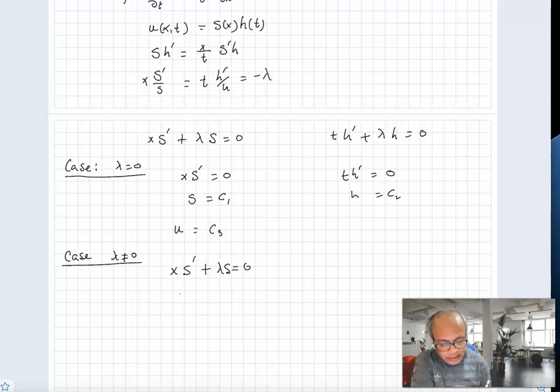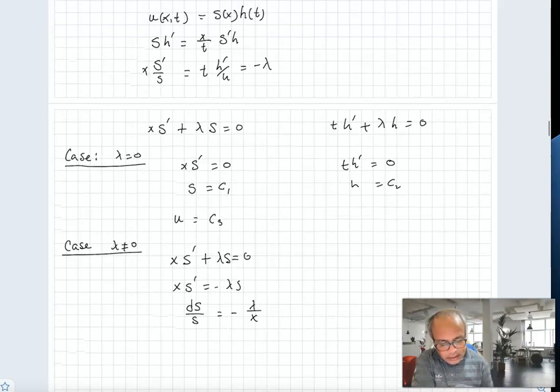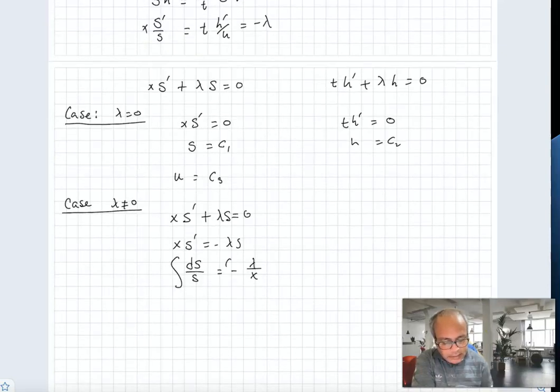So we can separate that, or maybe you can write ds by s equals minus lambda by x, and then we can integrate both sides. If we integrate both sides with respect to the corresponding variable, we get ln of s equals minus lambda times ln of x plus a constant, maybe c4.